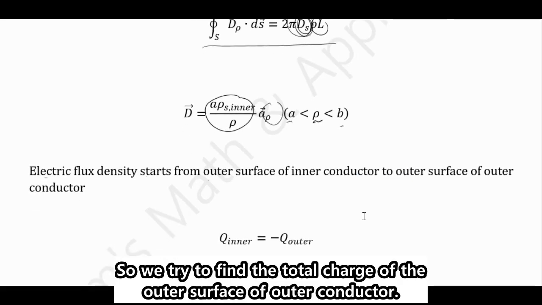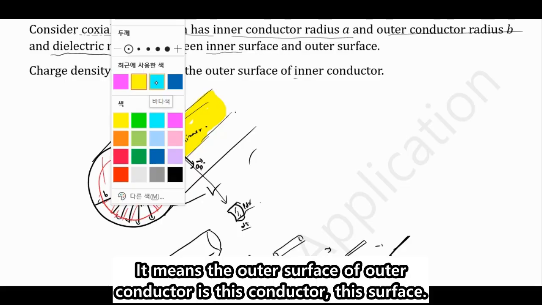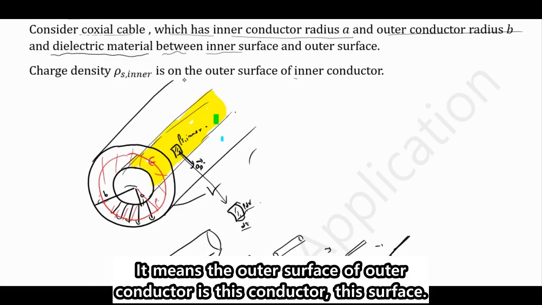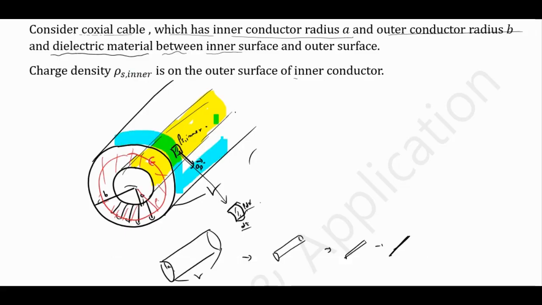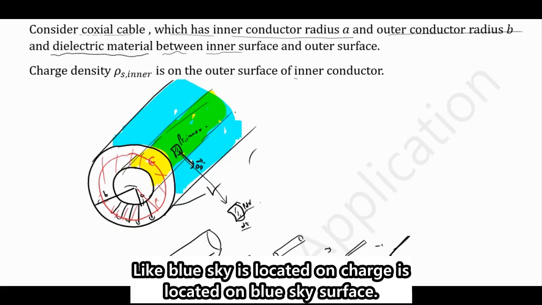So we try to find the total charge of the outer surface of the outer conductor. The outer surface of the outer conductor is this surface. The charge is located on the outer surface of the outer conductor, like blue sky, the charge is located on the blue sky surface.